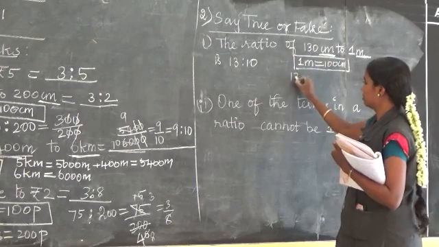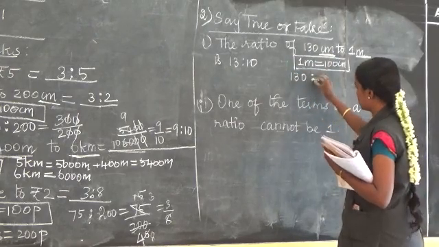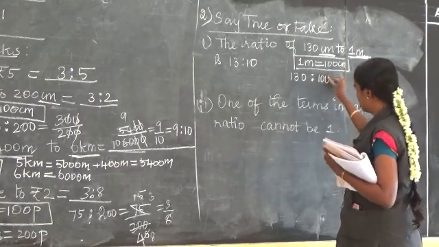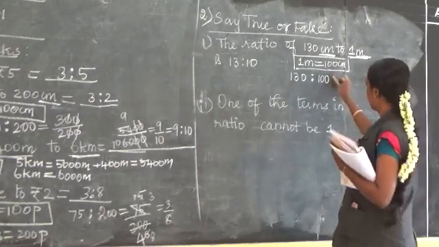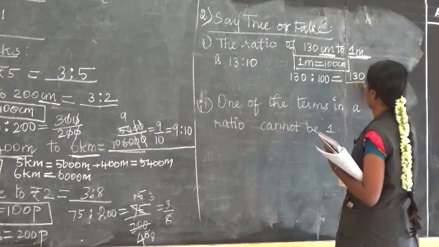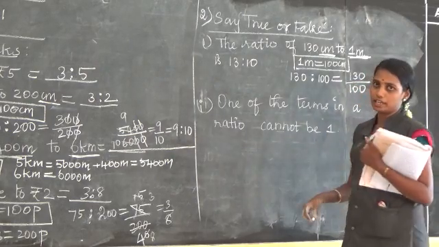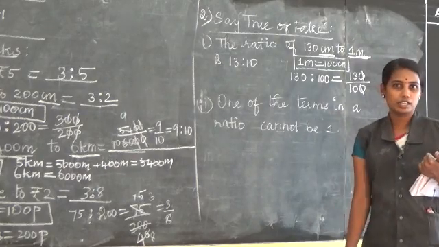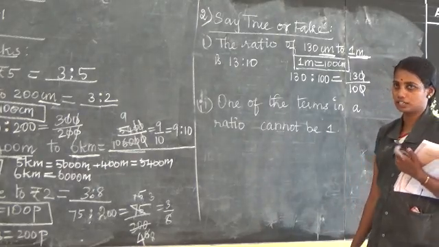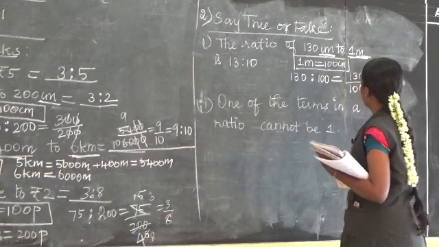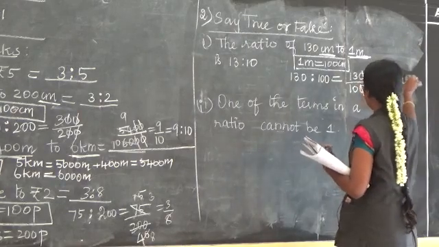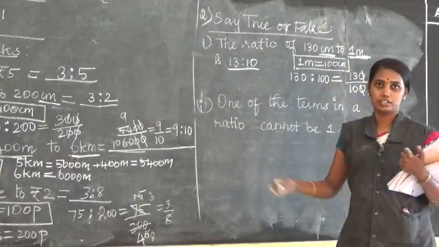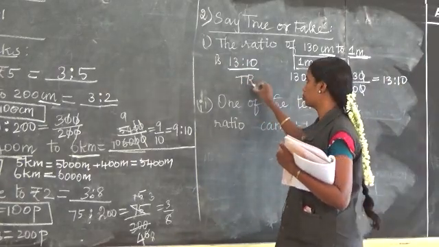The first term I write as 130, and the second term, 1 meter, is 100. Write it in division, 130 divided by 100. The zeros cancel. Then 13 and 10. Can you cancel 13 and 10? No. So the answer will be 13 is to 10. The given one is also 13 is to 10. So the answer is true.